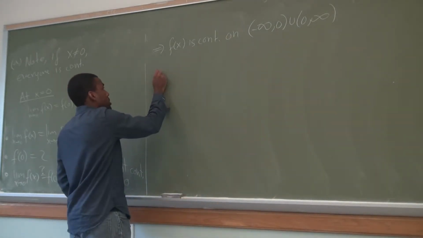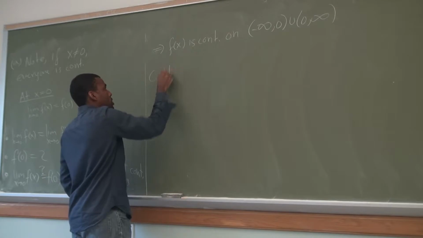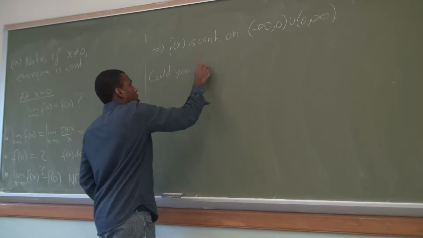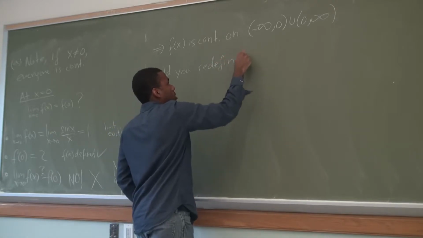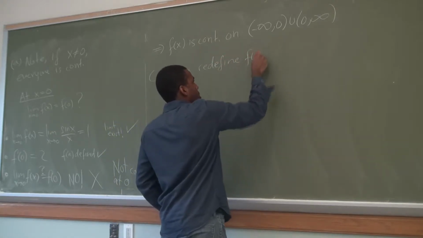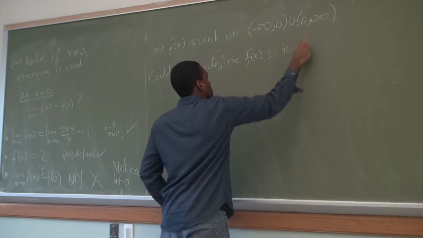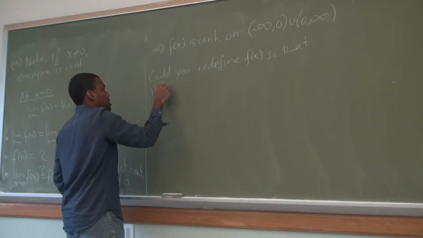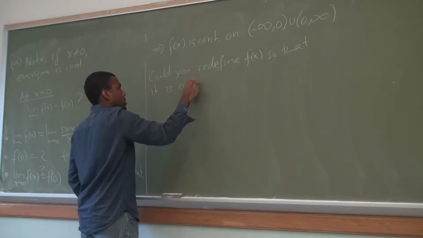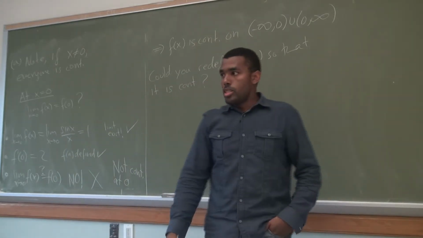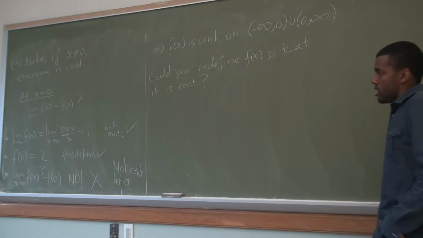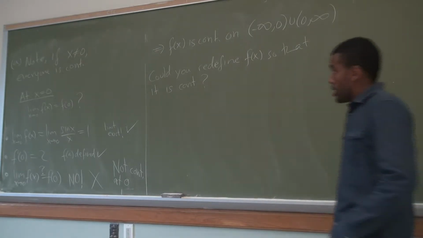Here's a question. Could you redefine f of x so that it is continuous? Is there a way you can fix your function such that you don't change things too much?